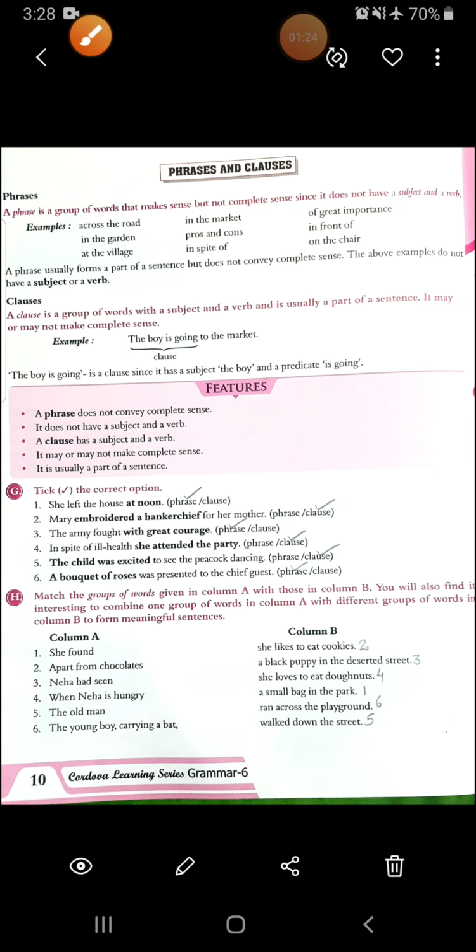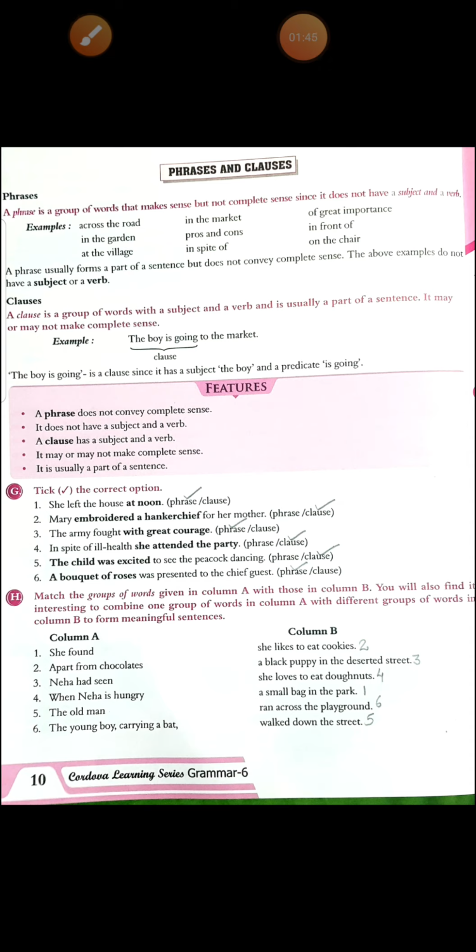I told you in subject and predicate, the two parts of a sentence, I hope you all remember that. Subject is about whom or what the whole sentence is, and predicate has a verb and they make a complete sense. That is why they are called a sentence.